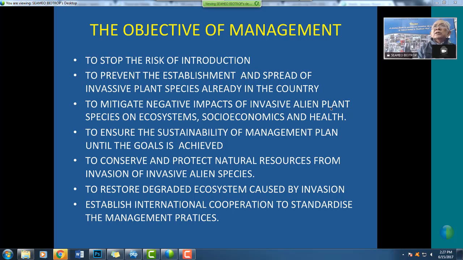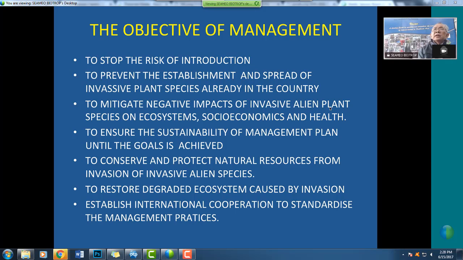We should not stop the management plan until the goal is achieved. And then to conserve and protect natural resources from invasion of alien species.